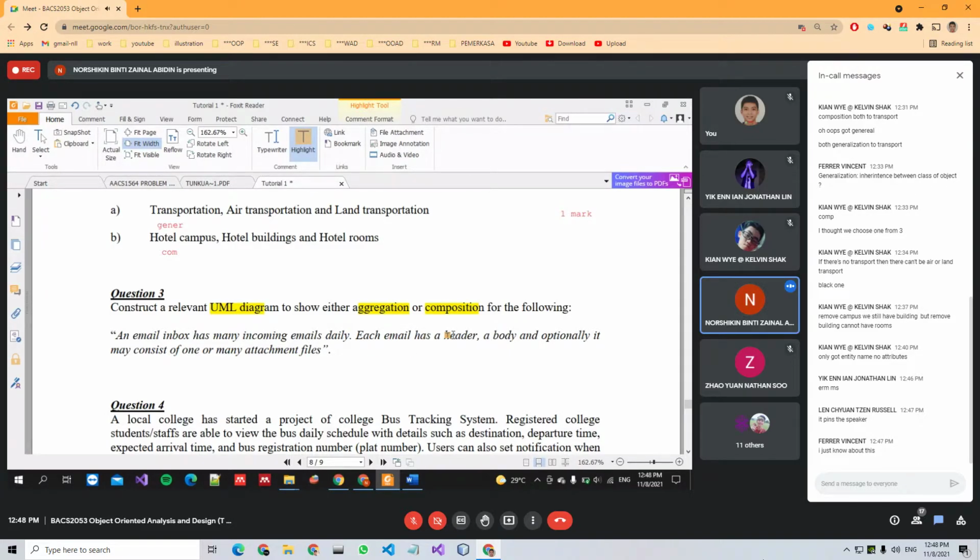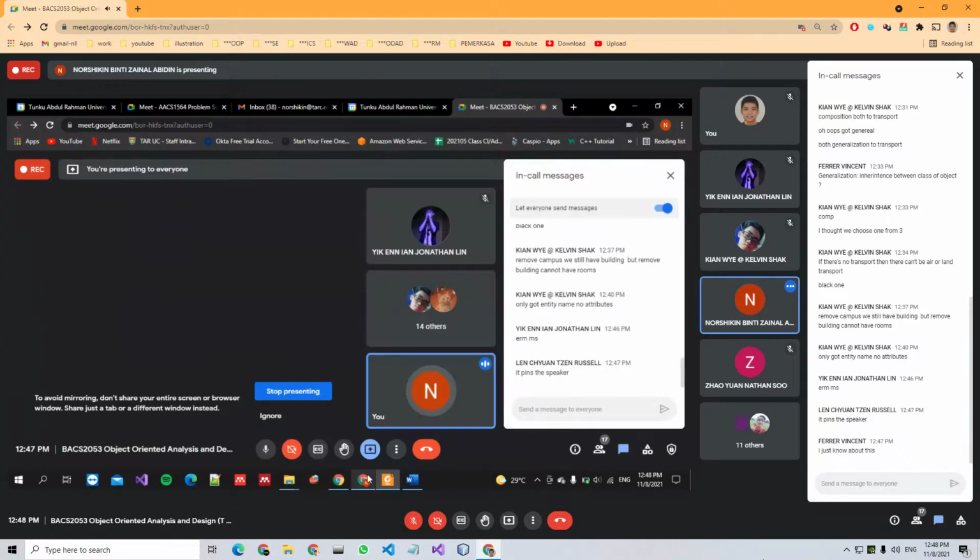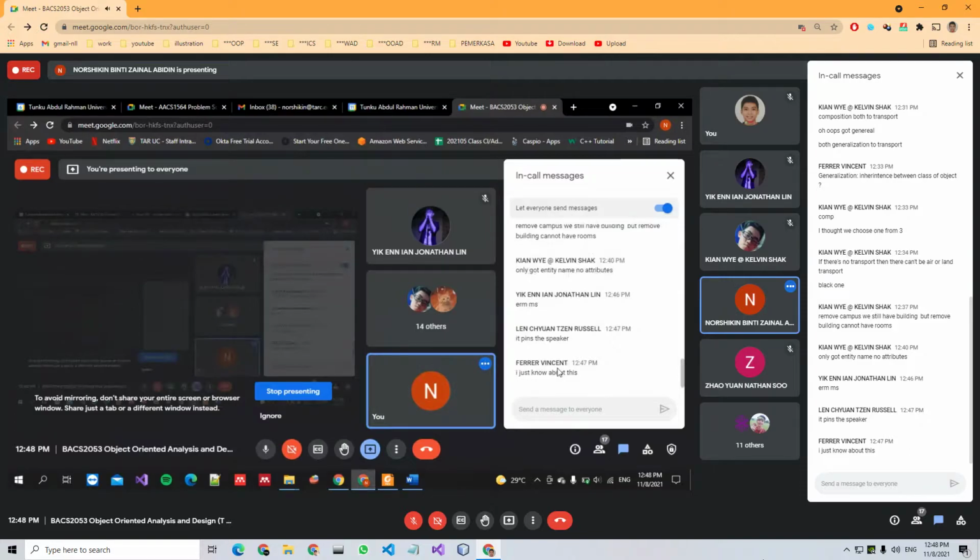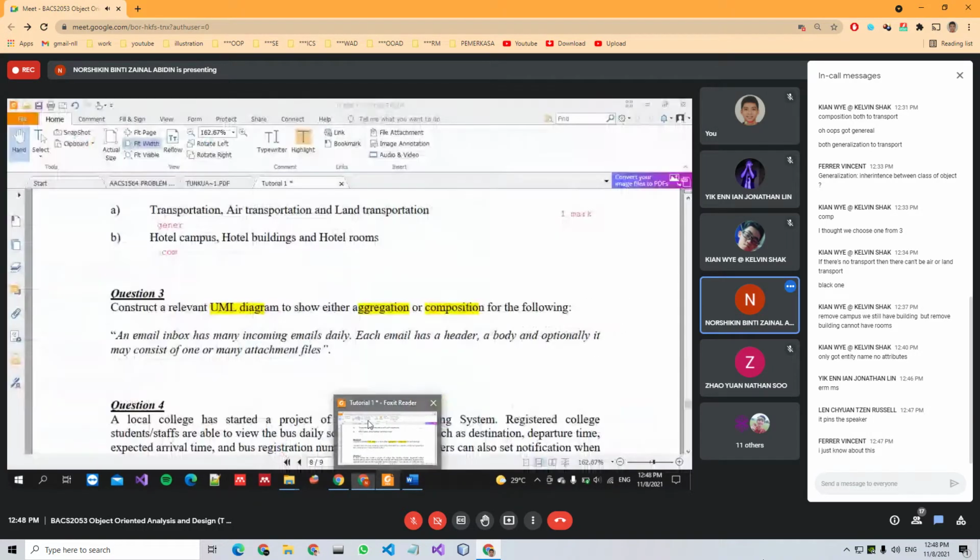Each email has a header, body, and optional one or many attachment files. So this one, has anyone done it? Question number 3, they ask us to construct this diagram with the relationship, if any.